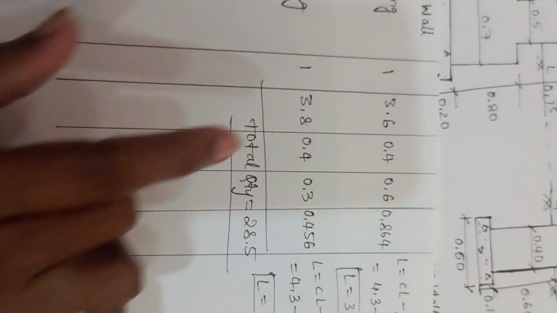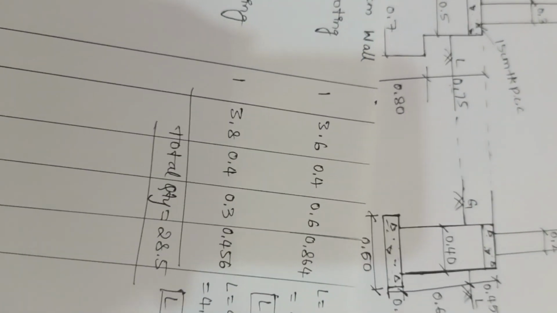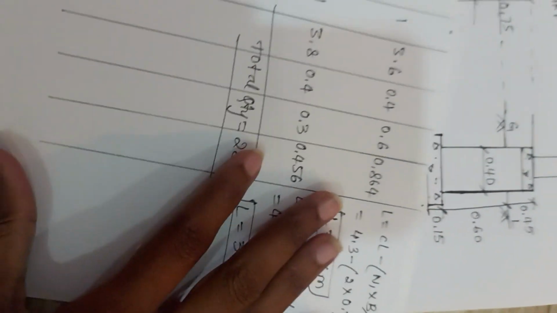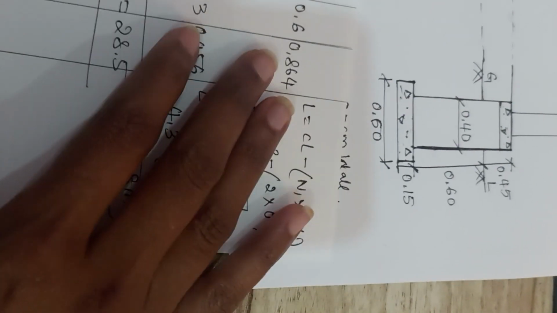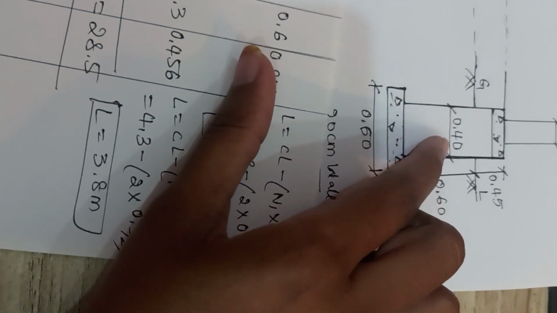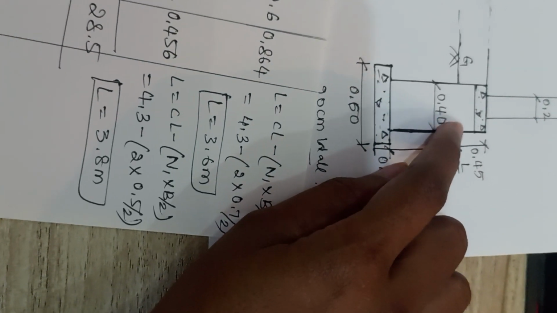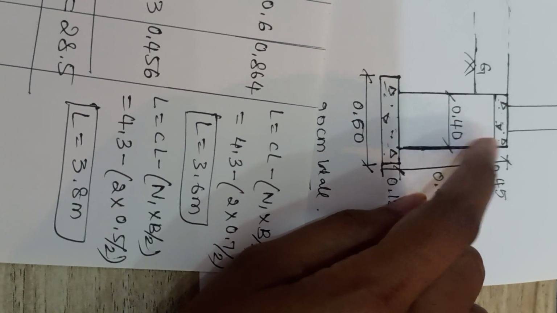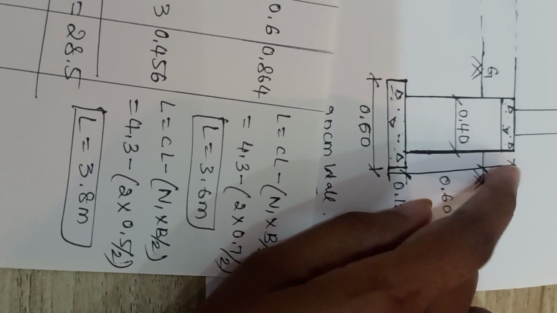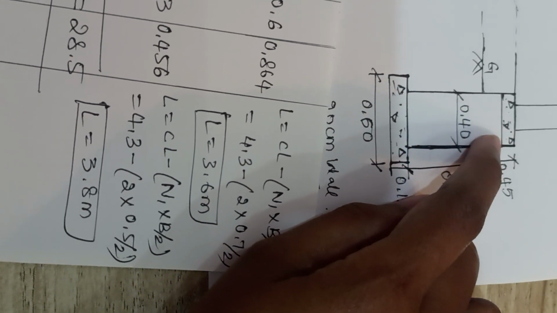Apart from that, you have to enter your values of 20 centimeter wall. So your B and D values of 20 centimeter wall is 0.4 is your width, and then if you take from the ground level, the remaining height of your SSM that is left out is taken as 0.45 minus of 0.15.